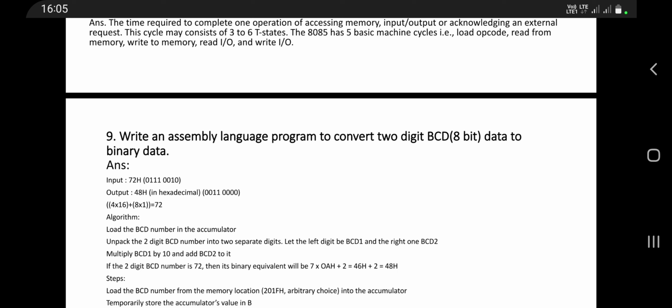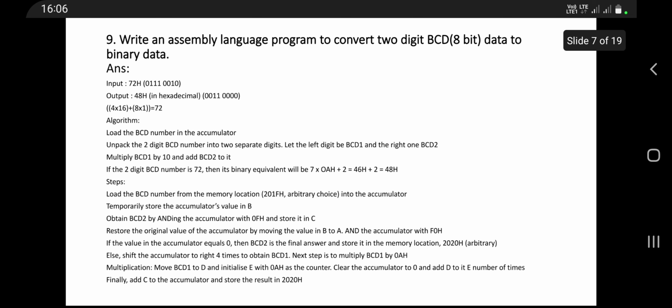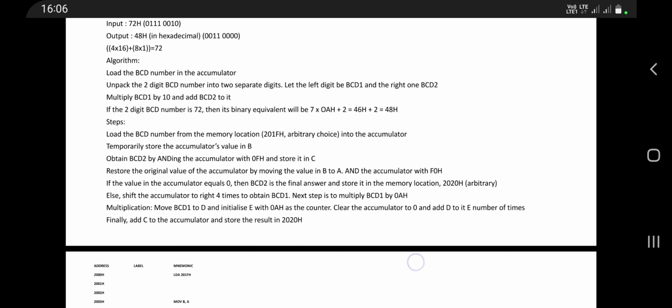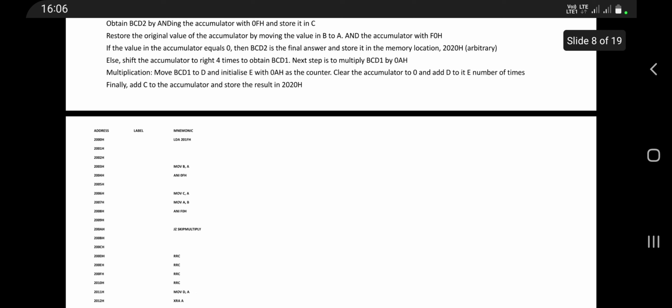Here 72 is 0111 0010, and the output is the binary. When you convert the BCD to binary, the result will be 48. The steps and the algorithm are given, so you have to follow these steps and you can understand, and the program is also written here, no need to explain all these things.